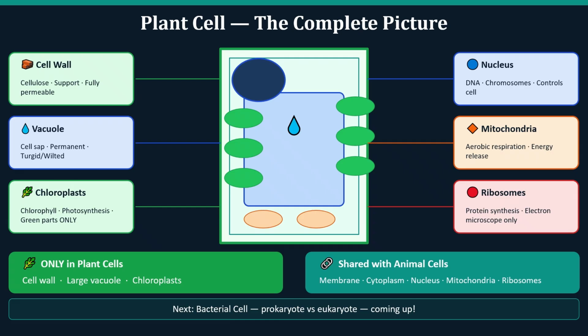But at the bottom, the two groups are clearly separated. Green box: only in plant cells, cell wall, large vacuole, chloroplast. Teal box: shared with animal cells, what is cell membrane, cytoplasm, nucleus, mitochondria and ribosomes. You can screenshot this slide and use it for revision, everything you need in one picture.